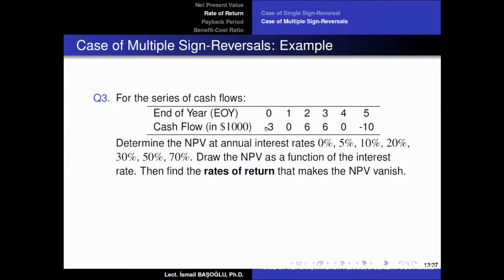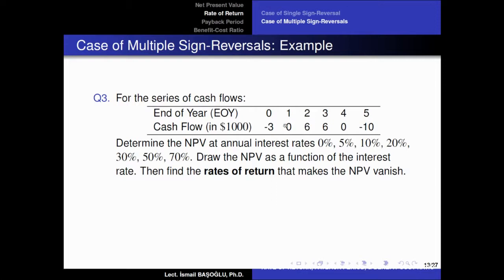Now, how many sign reversals do we have here? We have -3, and from -3 we move to a positive value with a single sign reversal. So in the first 2 years, we have a single sign reversal. Then we remain at positive cash flows, but at the end of the 4th year, as we move to the 5th year, again there is a sign reversal. Again, we move to negative cash flows.